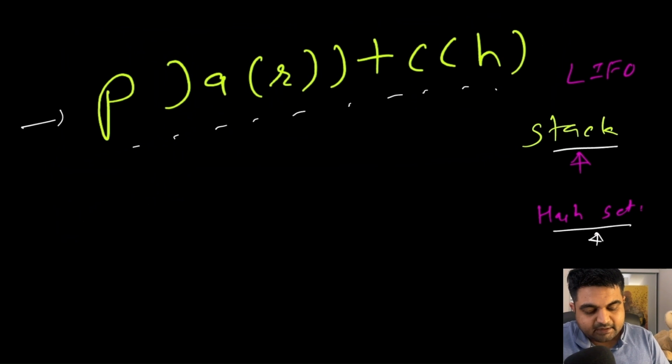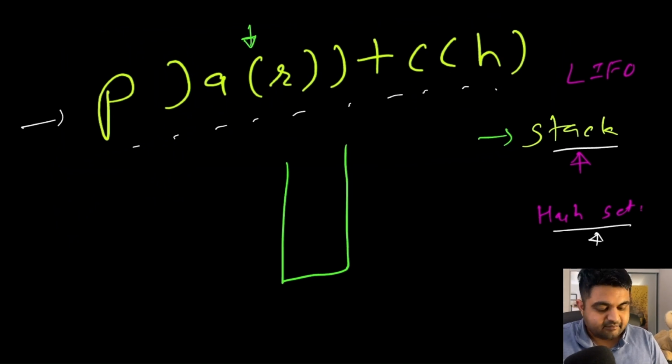Okay, and the logic we are going to apply is that for the stack, the moment we identify that there exists an opening parenthesis, we are going to push the opening parenthesis onto the stack. The moment we identify a closing parenthesis, we are going to check inside the stack whether there exists an opening parenthesis to counter this closing parenthesis.